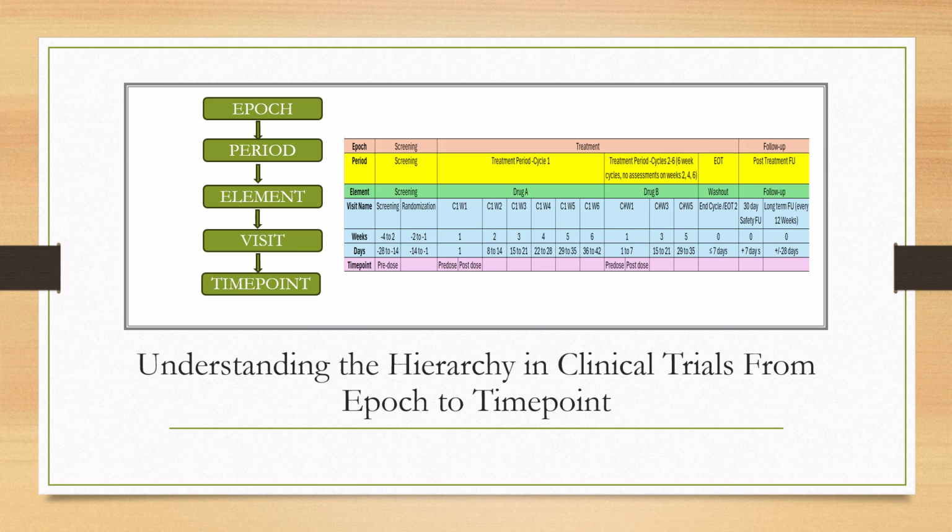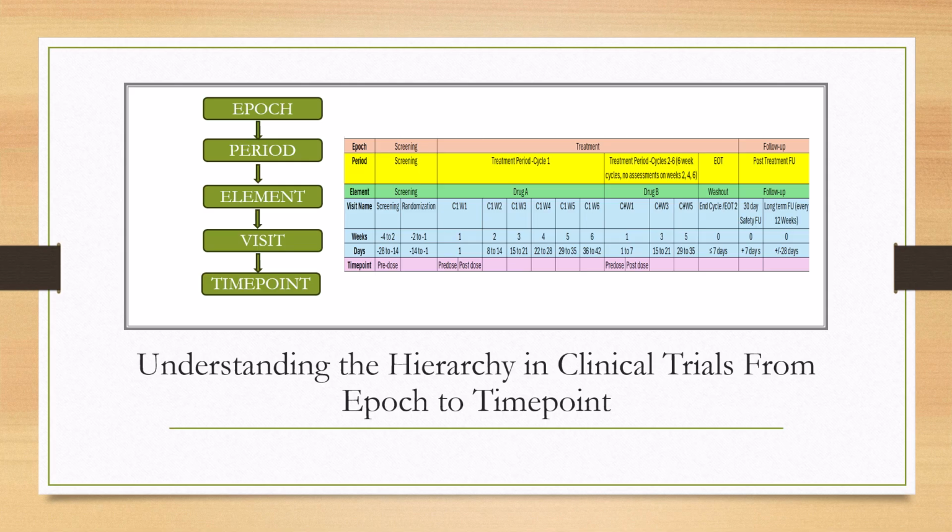Similarly, the washout period can be given as the end of treatment, because we are not giving any treatment there and we are just analyzing the subjects here. And the follow-up will be given as the post-treatment follow-up, or you can even mention it as a follow-up period here also. But for this study, it was mentioned as the post-treatment follow-up.